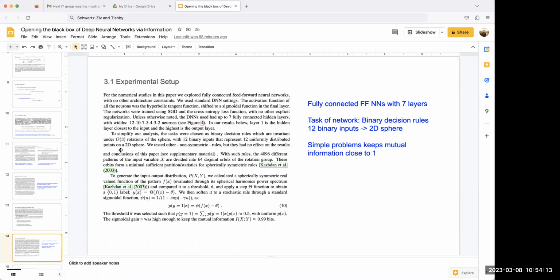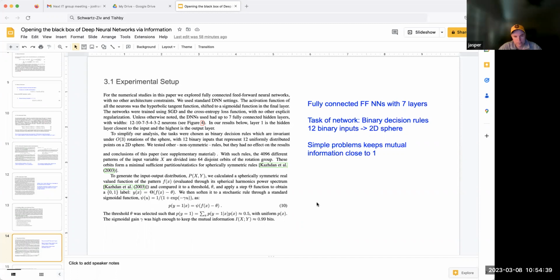So are they just trying to predict the coordinates on the sphere, I guess? That seems like a pretty easy thing to do, which is why the information is always close to 1. I definitely also question the generality of this, because this is never going to happen with any real data.